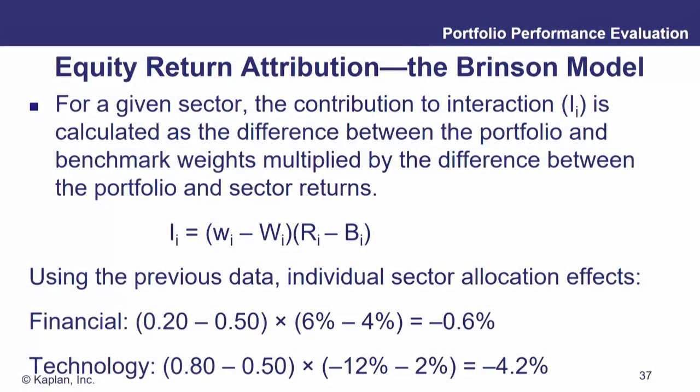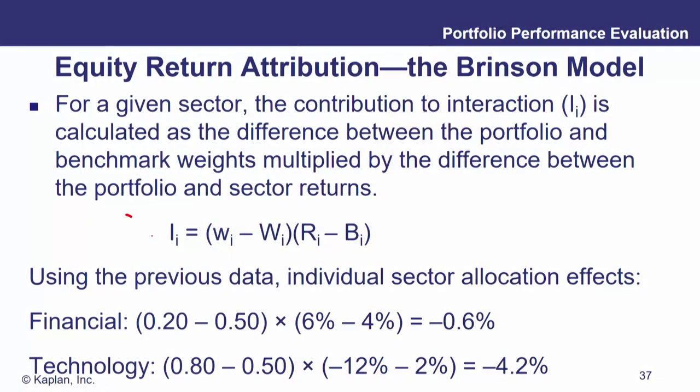For a given sector, the contribution to interaction is calculated as the difference between the portfolio and the benchmark weights multiplied by the difference between the portfolio and the benchmark sector returns. So in English, let's make this clear. I like formulas. This is much easier for me to remember. I can't remember all of that stuff.